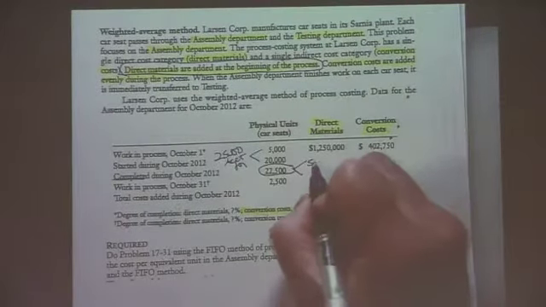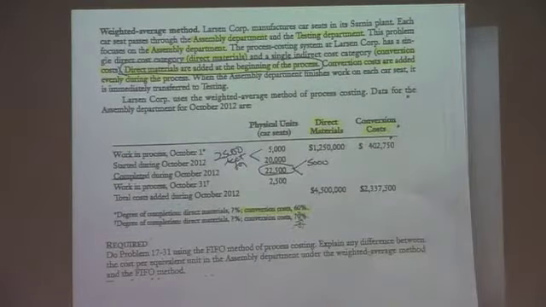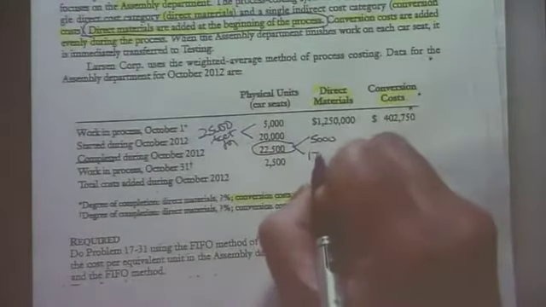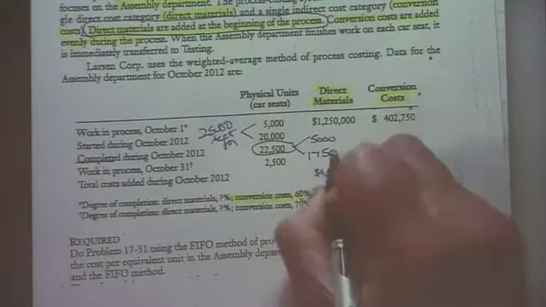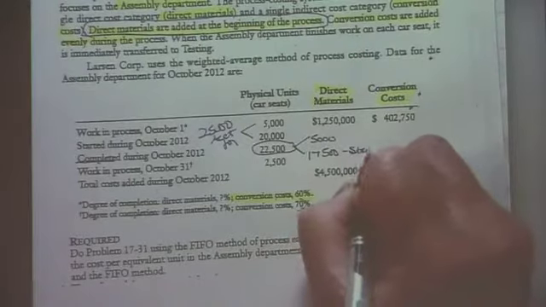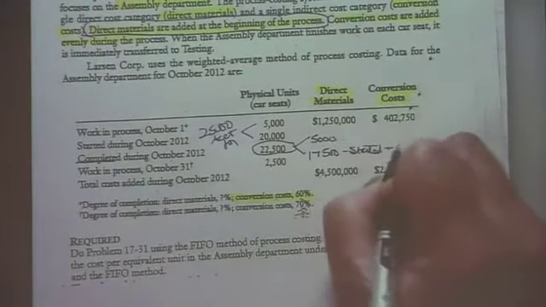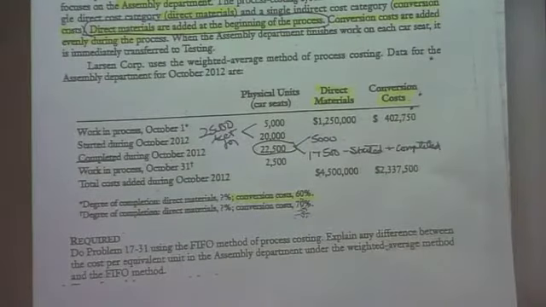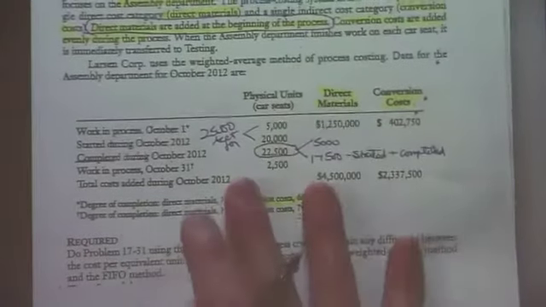Part of the 5,000 that were completed came from work in progress in October, and 17,500 must have been started and completed. So I just wanted to highlight the thought process there. That's going to be important.